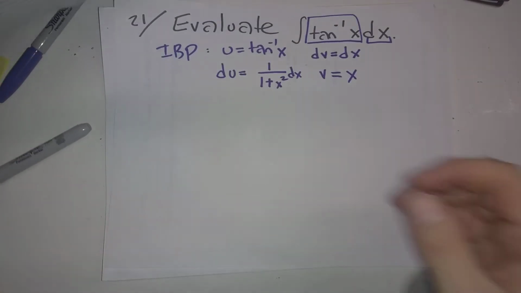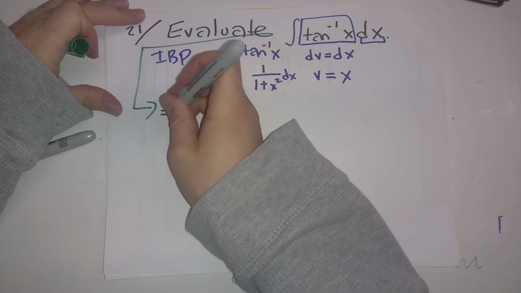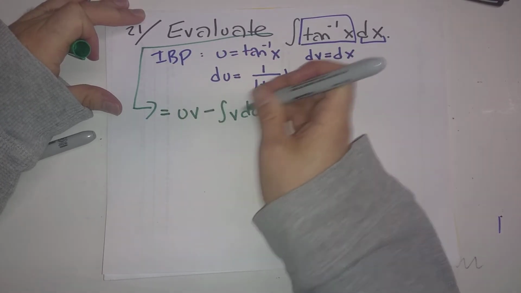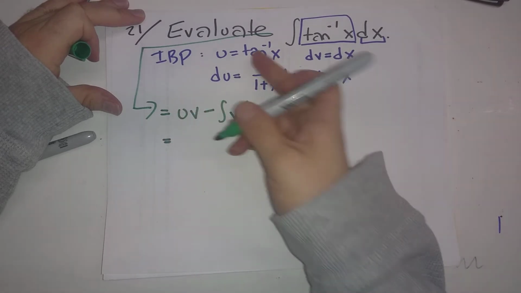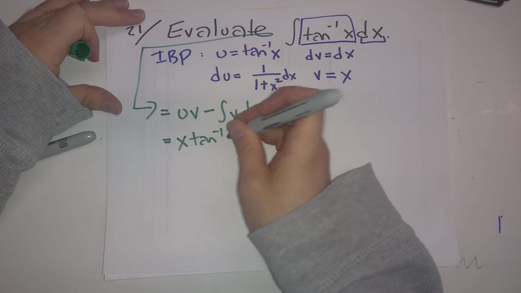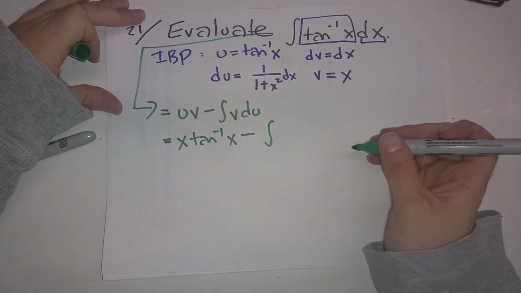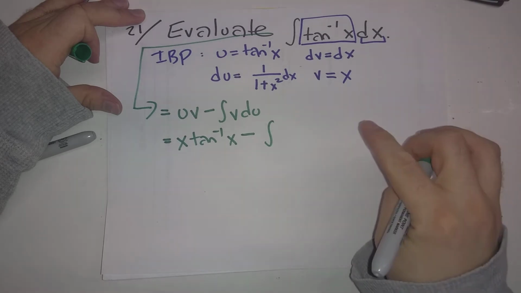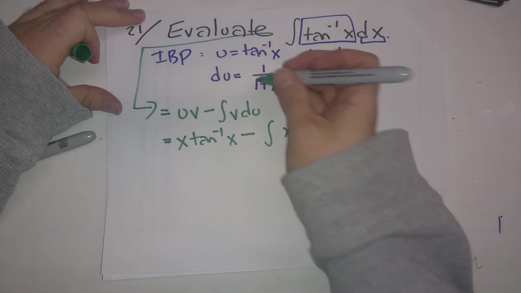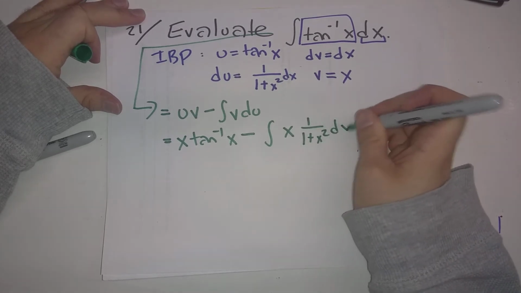So we would end up with this is equal to uv minus the integral of v du. U is arctangent, v is x, so x arctangent of x minus the integral of x, that's v, times du, 1 over 1 plus x squared.